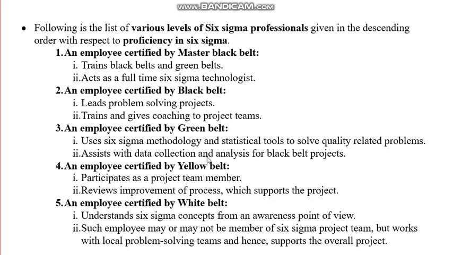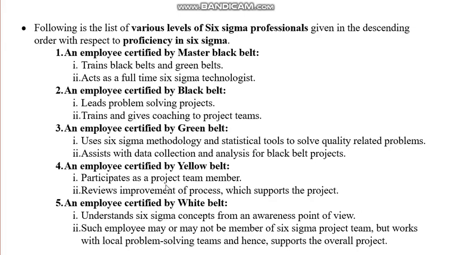And also they assist in data collection and analysis for the black belts. These green belts are the people actually who are working. These black belts are the leaders of the projects, and under them these green belts will be actually working for the Six Sigma. Okay, then we have yellow belts.